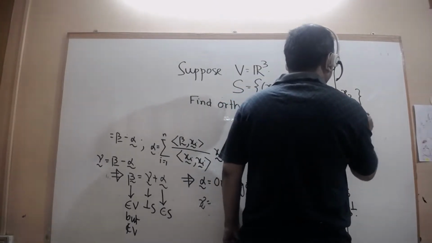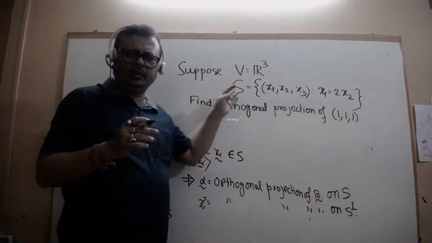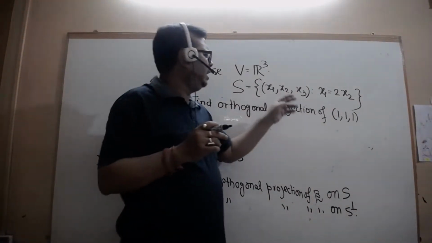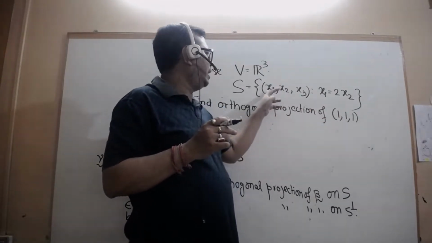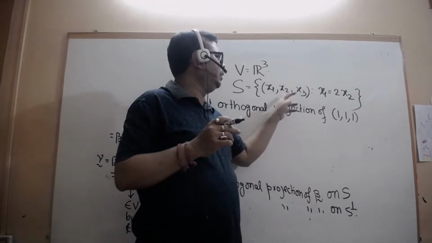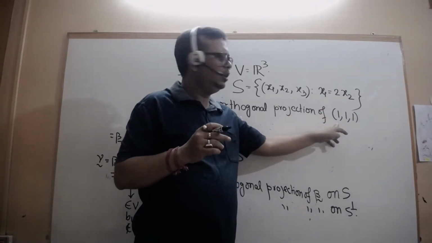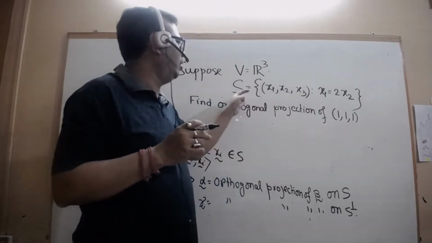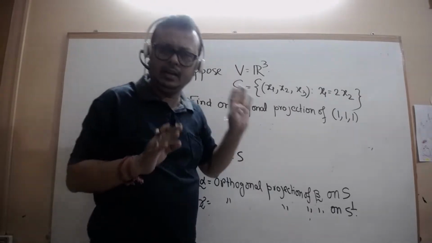1, 1, 1. We can easily check that 1, 1, 1 does not belong to S. Why? If it belongs to S, then the first component equals 2 times the second component. But here this is not happening. So 1, 1, 1 does not belong to S, but 1, 1, 1 belongs to V. Clear?